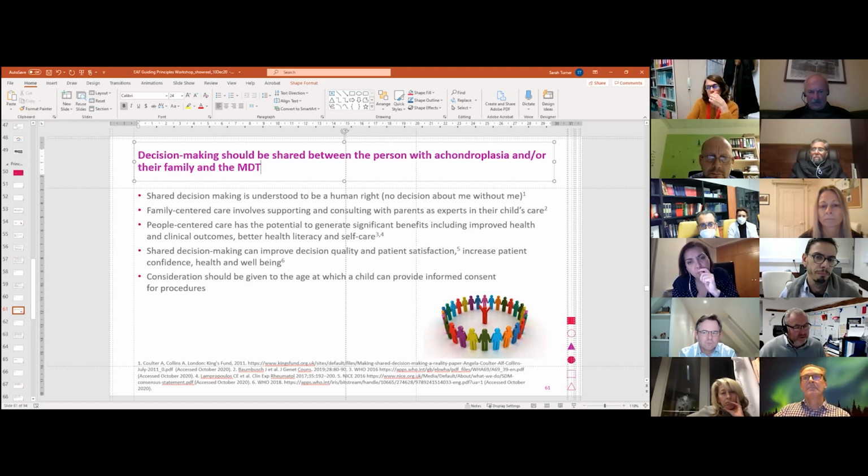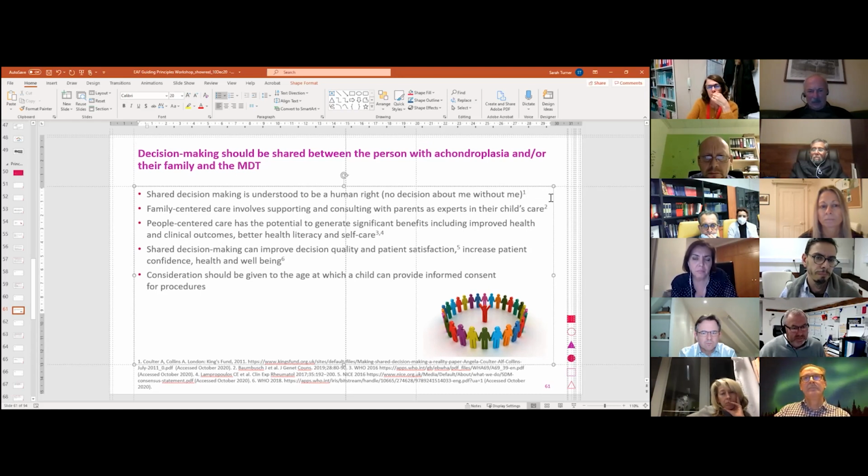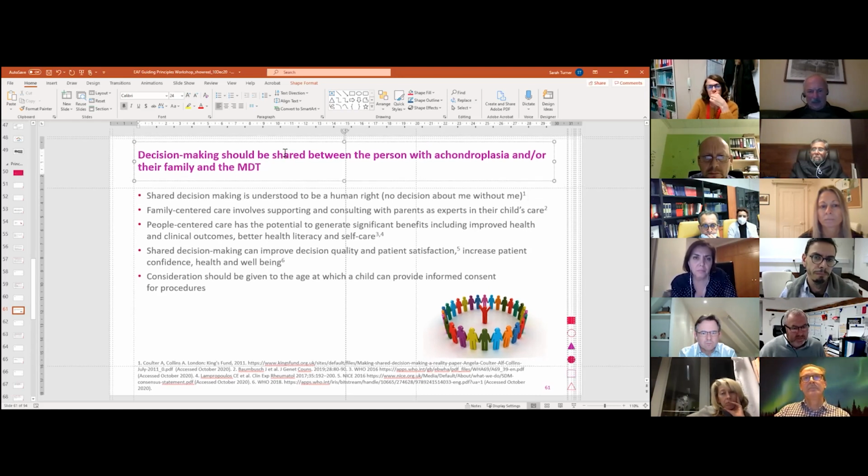Do we have a proposal for the sentence? It's difficult for me. I'm just trying to think if there's an alternate wording. No, it means decision making should be made by MDT together with the family or so.